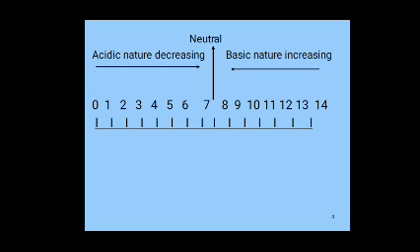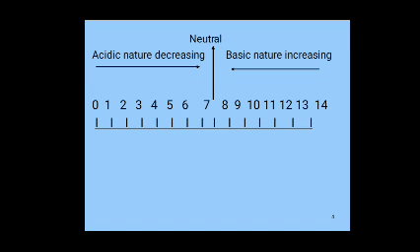The pH range is from 0 to 14: between 0 and 7 is acidic nature, between 7 and 14 is basic nature, and 7 is a neutral solution.